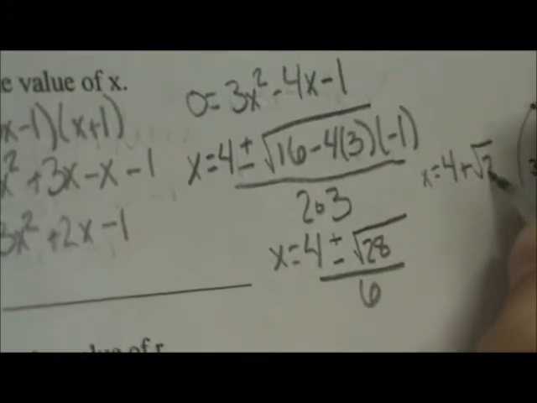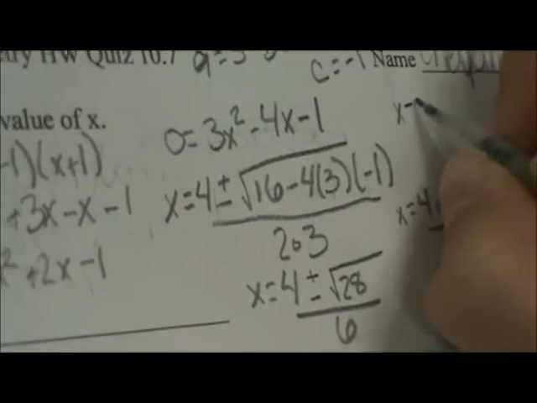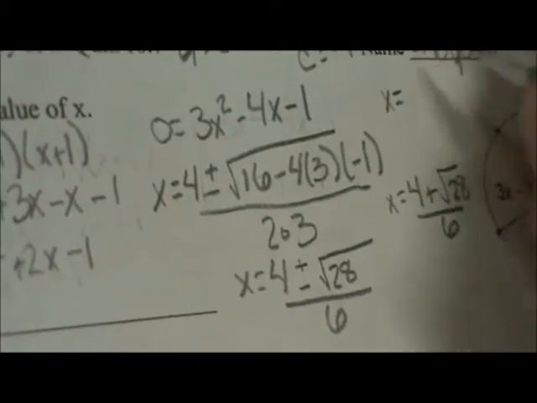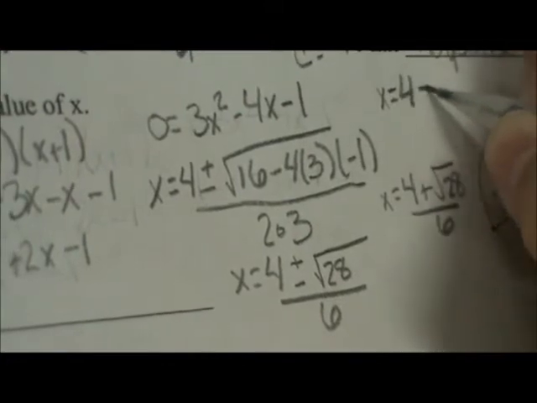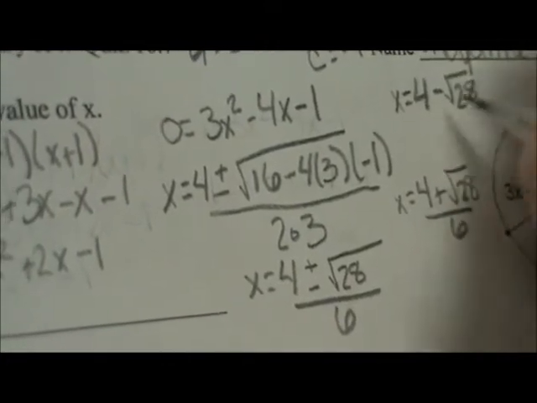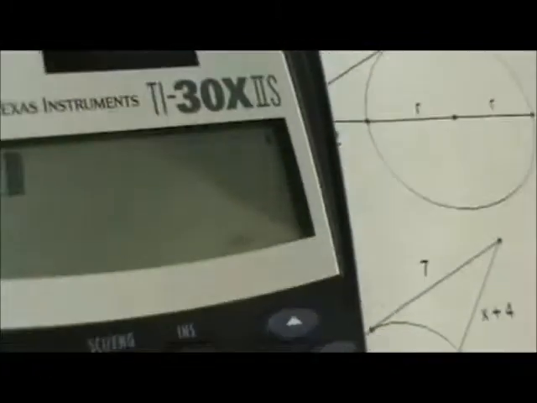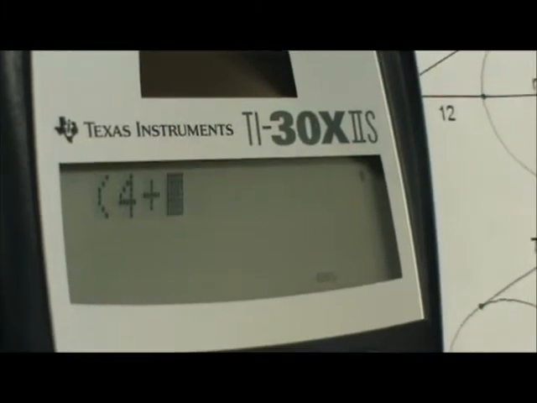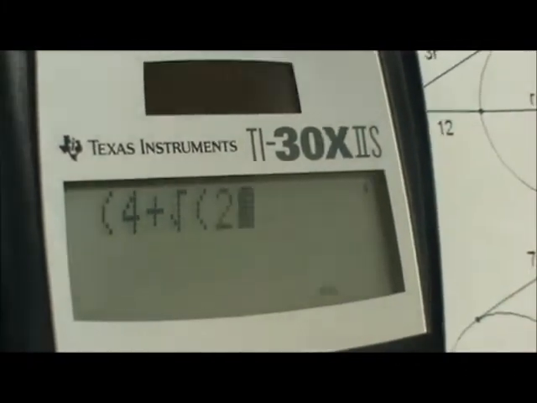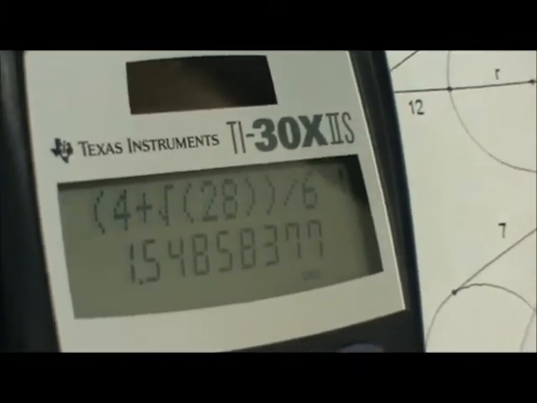Then you need to split them up into the two equations. So you'll get 4 plus the square root of 28 over 6, and also 4 minus the square root of 28 over 6. Then you need to put that into your calculator, and when you put 4 plus the square root of 28 divided by 6, you get 1.548.